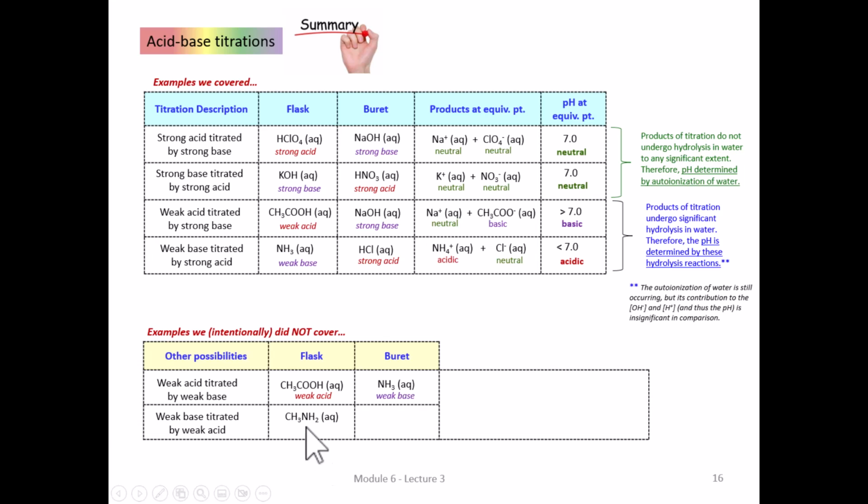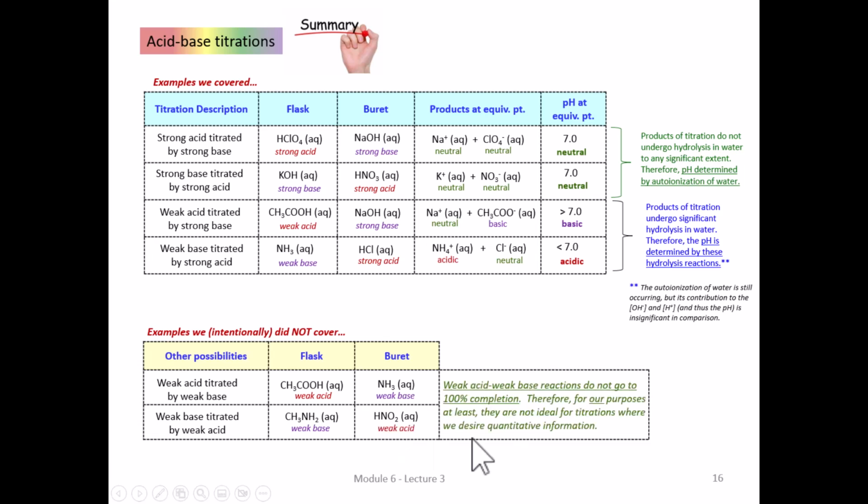An example could be methylamine, which is a weak base, titrated by nitrous acid, which is a weak acid. In these two examples, these weak acid, weak base reactions, they generally do not go to 100% completion, and so therefore, at least for our purposes, they're not ideal for titrations where we would want quantitative information.